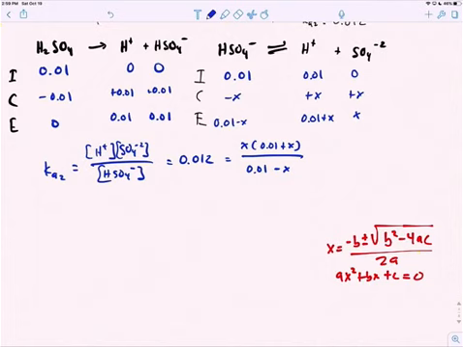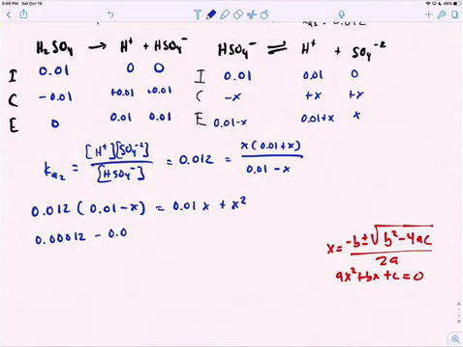So that means keep on going, 0.012 times the quantity 0.01 minus x equals, I'll go ahead and write this, x, okay, 0.01x plus x squared, and so this is going to be 0.00012 minus 0.012x equals 0.01x plus x squared.